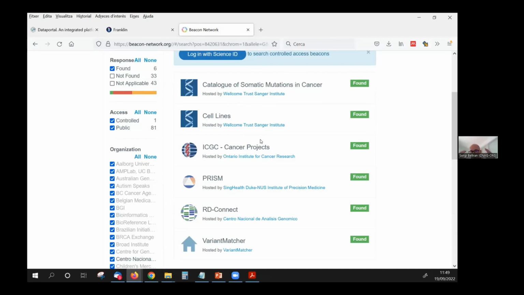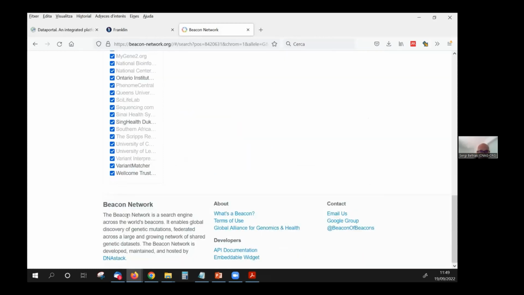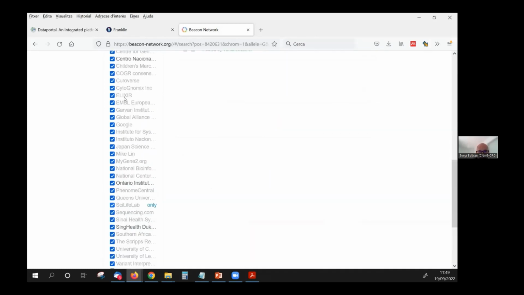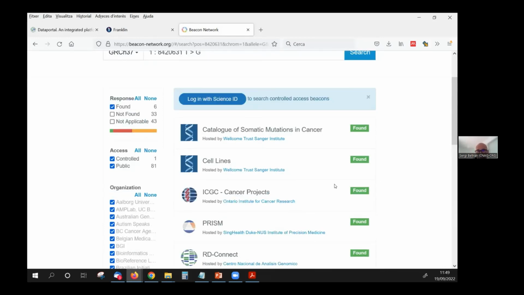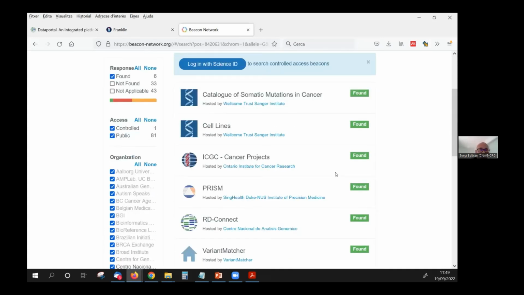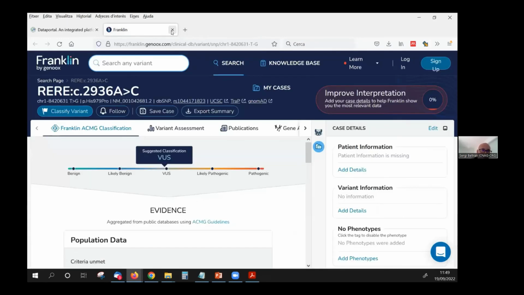You have to think about Beacon, also, an issue that maybe wasn't mentioned before, is that sometimes you have the same data in several places, or you derive data from a data set into COSMIC or into other databases, so that maybe you see 5 hits, but actually it is the same individual or just a few individuals providing hits across different systems. But in any case, it's very rare, because you can see that I looked for this position in many different sources. It only came up in a few of them, and some of them are just annotation databases.